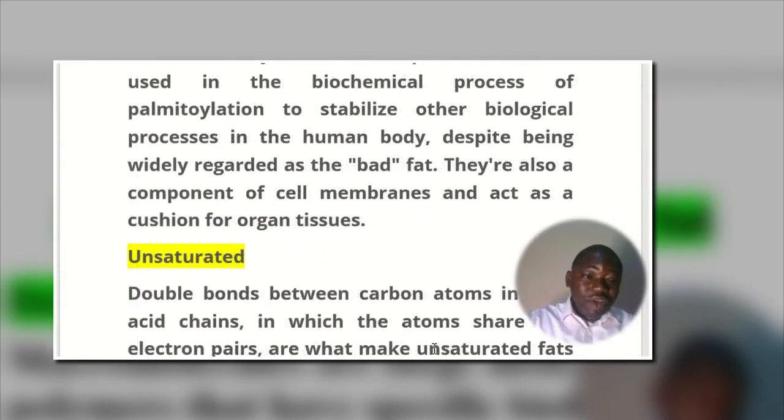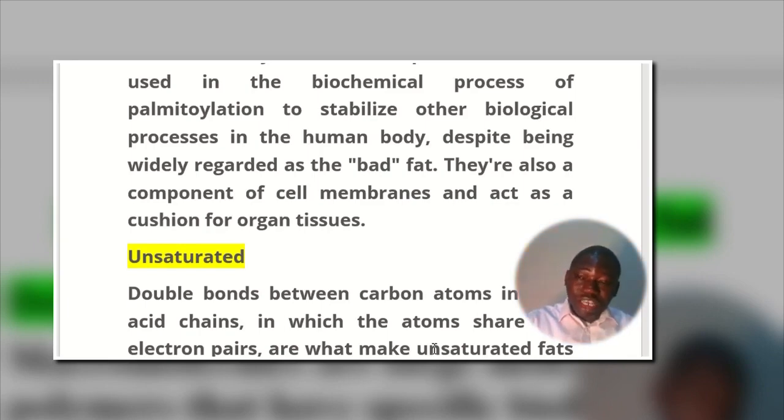When we talk about saturated fat, let me explain what we mean by saturated. When you go somewhere and you are asked to come around to eat, you tell the individual if you are filled that I am saturated.